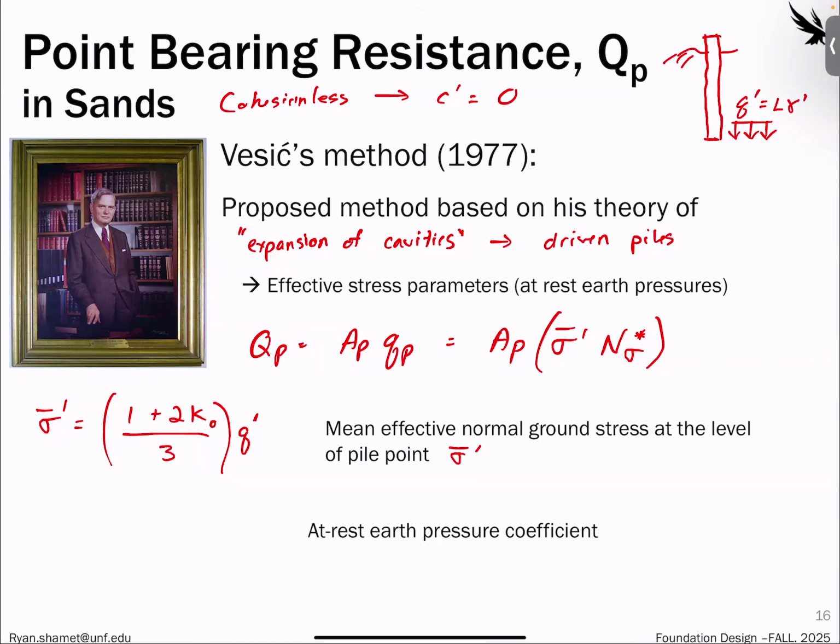Now we use at-rest earth pressure coefficients, which is important to go back and recall that K naught is equal to 1 minus the sine of the friction angle.